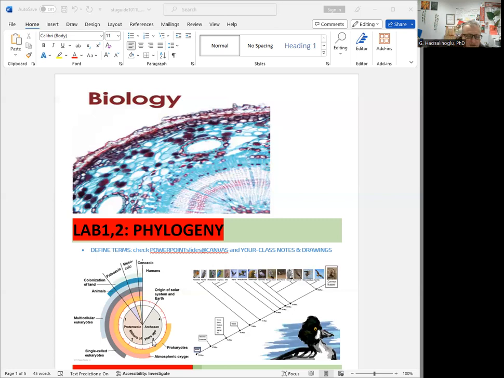That goes back to convergent versus divergent evolution. In this case, it's divergent evolution, which evolved from a common ancestor and uses homologous structures. This is similarity due to common ancestry.